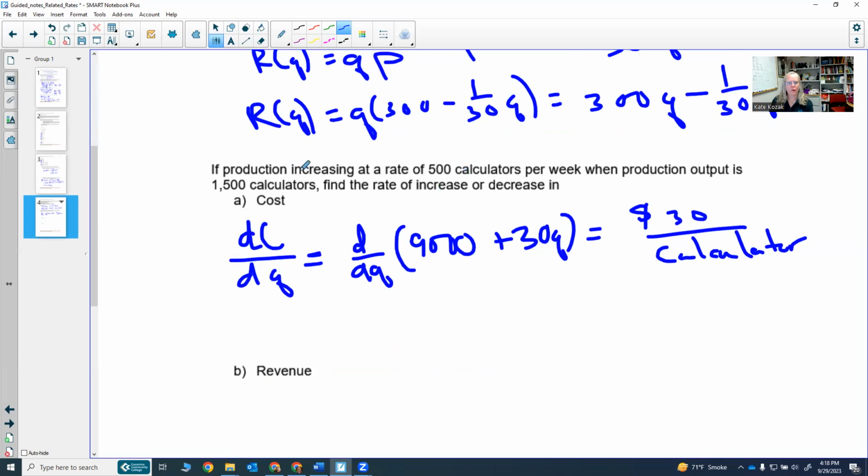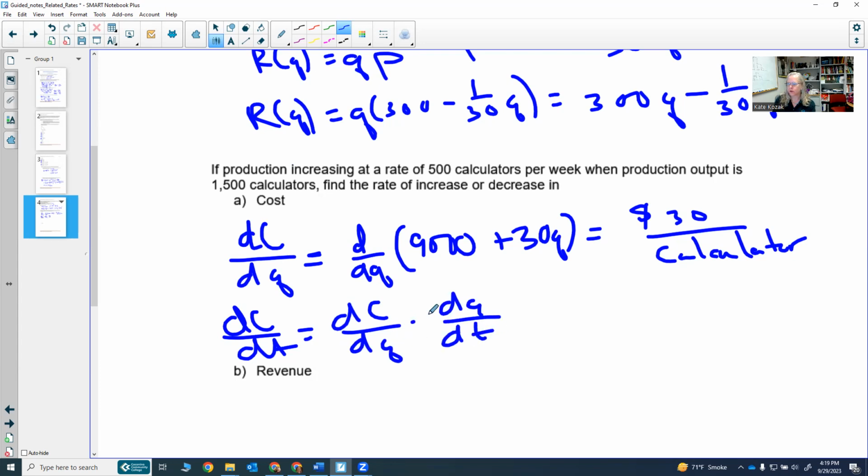But I didn't want to know that. I want to know what the rate of increase or decrease is in cost. So I actually want to know what it is per week. So I actually am looking to find dC/dt. And dC/dt using related rates is dC/dQ times dQ/dt. Use your units to help see what it is.